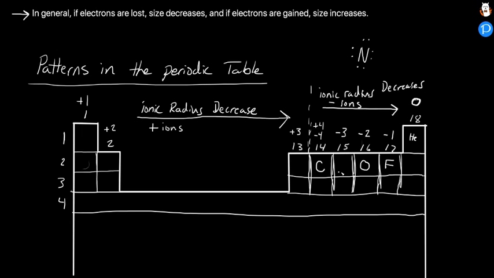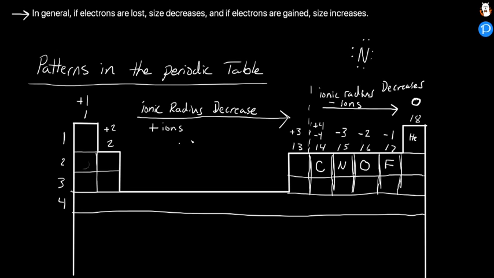Because nitrogen here has to gain 3 electrons. Oxygen only needs to gain 2. Fluorine needs to gain 1. The more electrons that I've gained, the bigger the size, right? So as I move this way, it decreases as well. But what we would actually see is that nitrogen and oxygen and fluorine, their ions are way bigger than the ions of these metal ones over here.